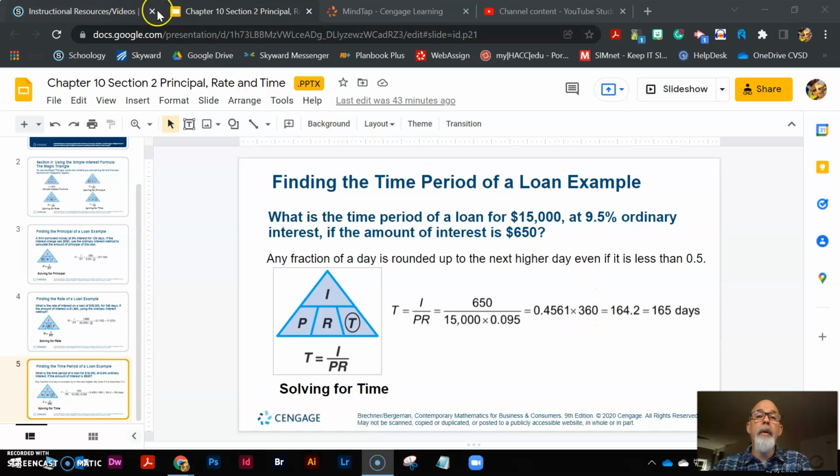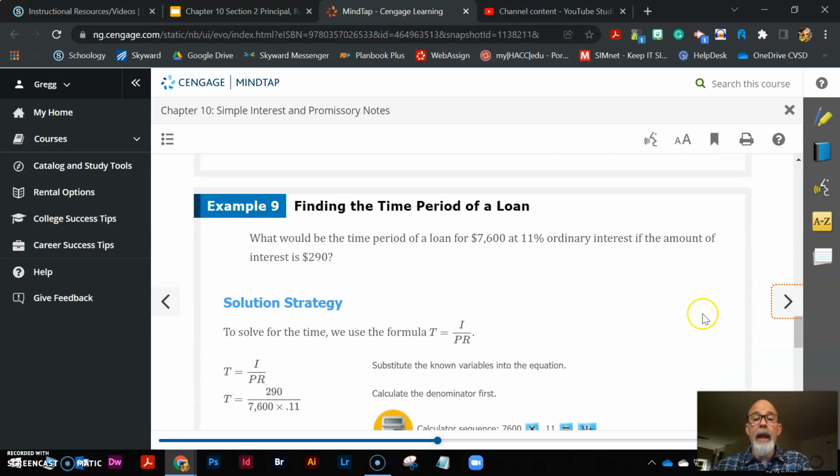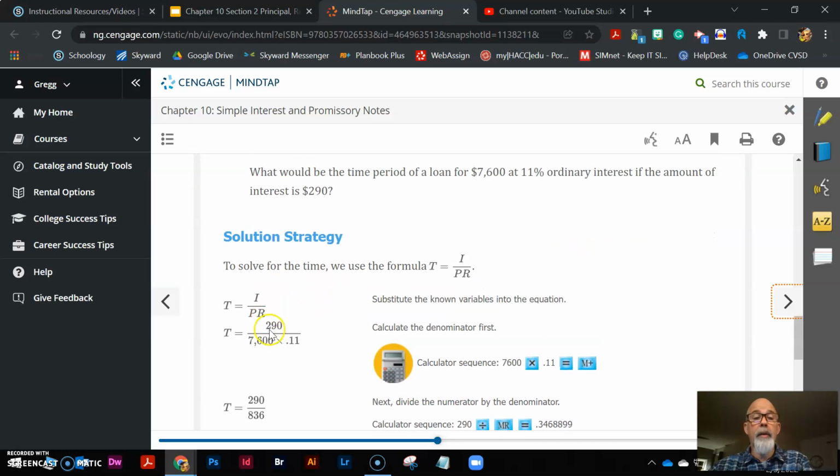So for example, back in the book here, they had an example. They give us the principal of 7,600 at 11% ordinary, so you know right away you're dealing with 360, with the interest of 290. So here you put your 290, you have your principal, multiplied by 11%.